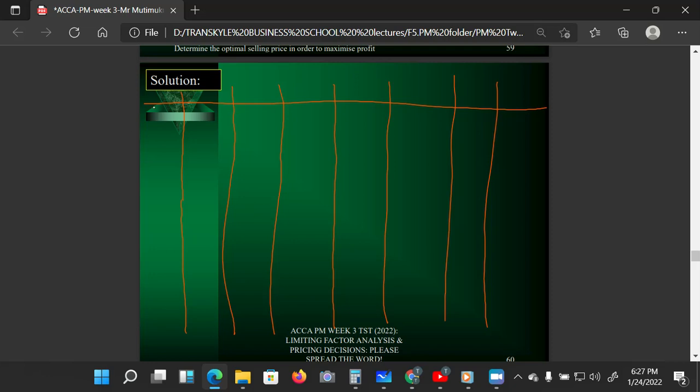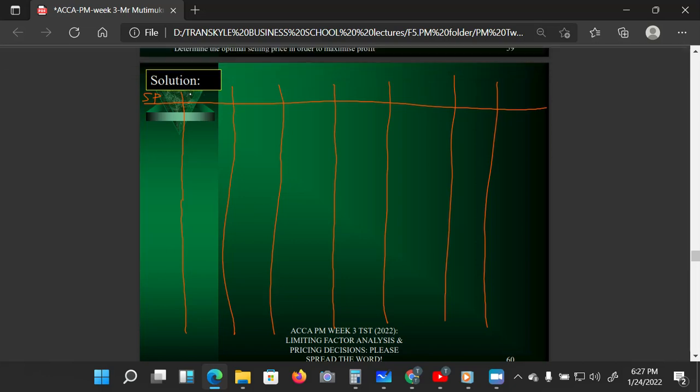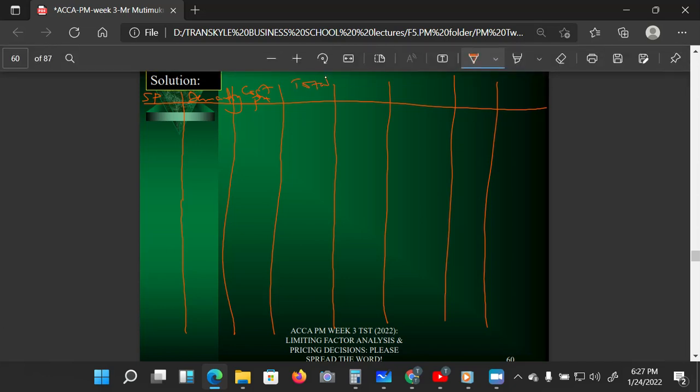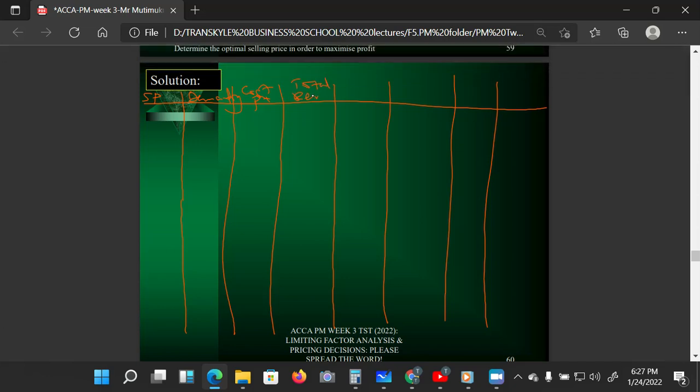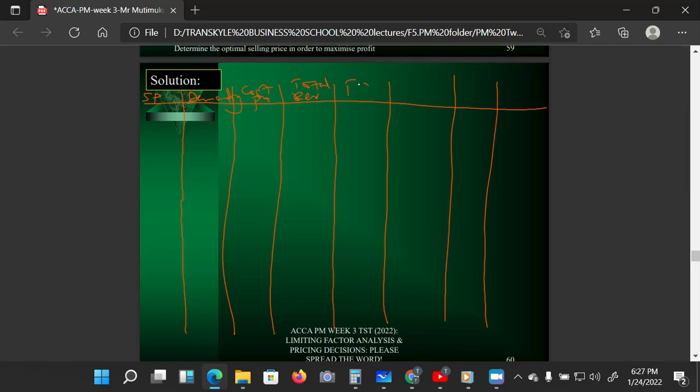Okay. We start with the selling price per unit, SP per unit, and these figures are given. We are just slotting in figures which are given, so do not worry. The cost per unit, and then total revenue, total costs.